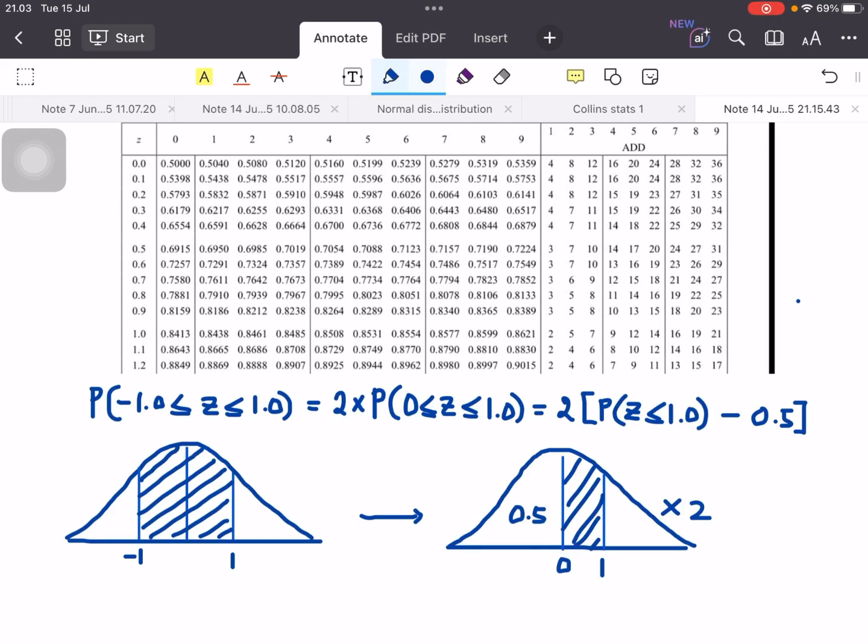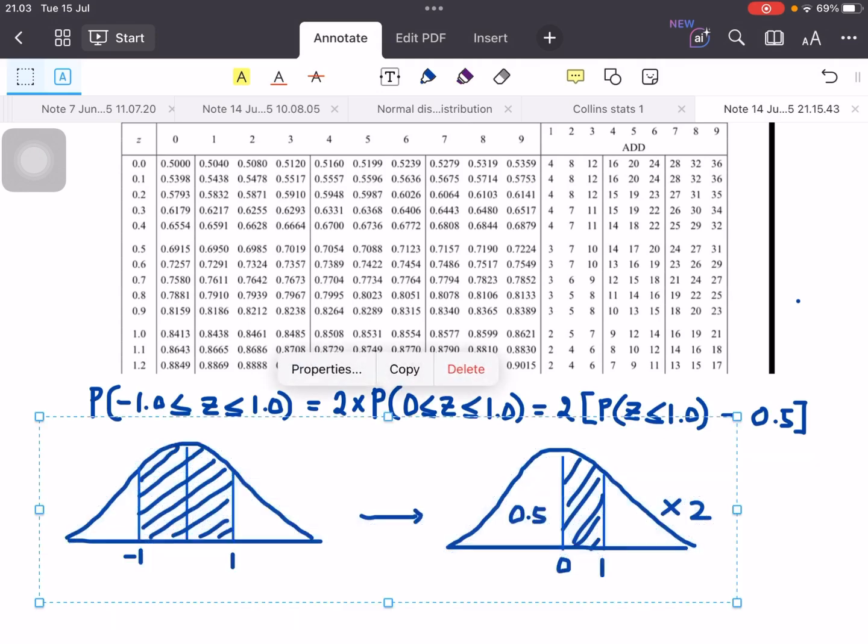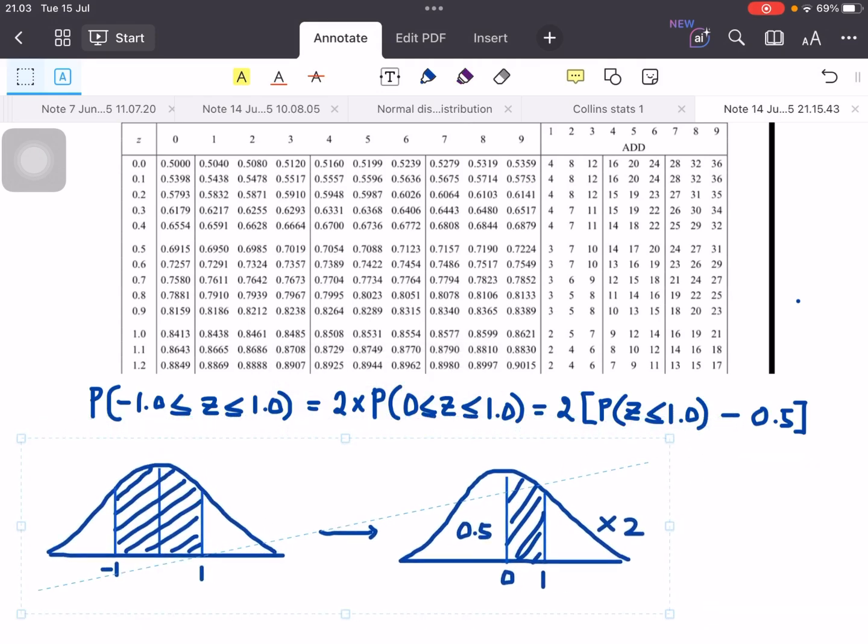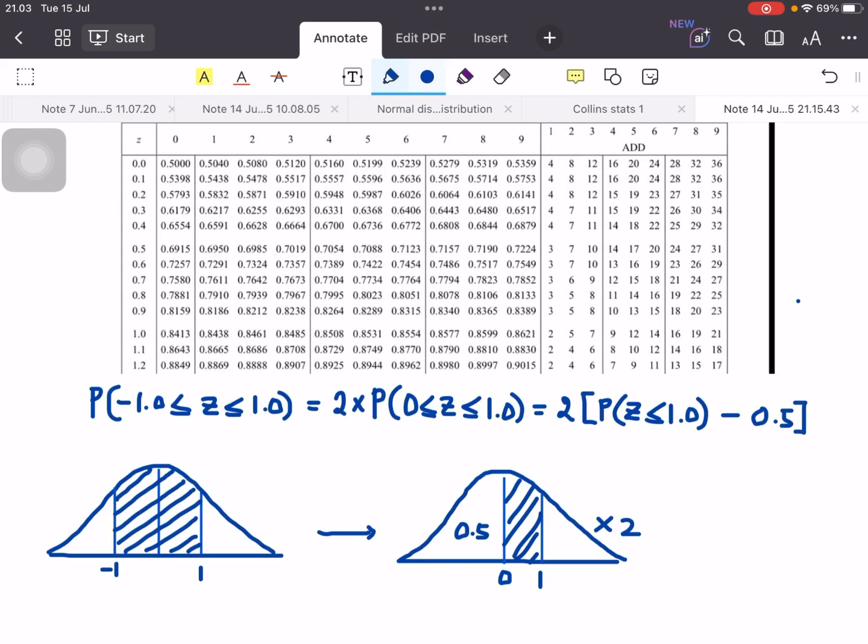The answer will be 2 times 0.8413 minus 0.5. At this point, you may use your calculator. The answer will be 0.6826.